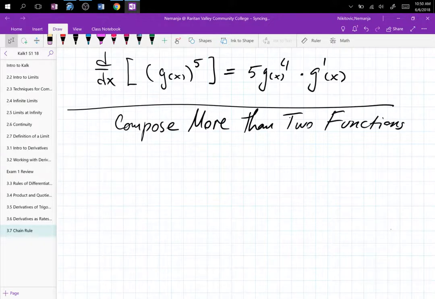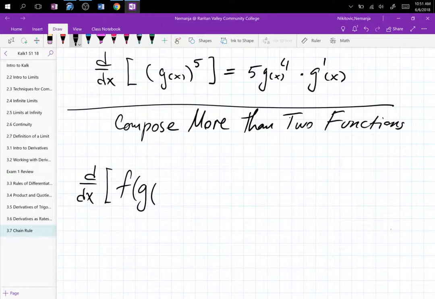For the sake of argument, let's do 4. So say you are trying to take the derivative of f of g of h of k of x. So that's 4 functions.